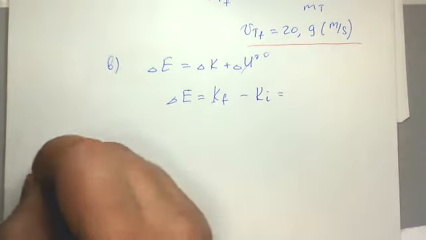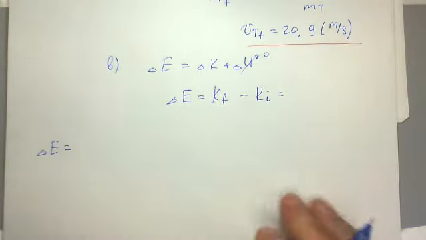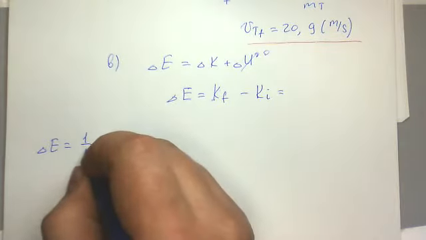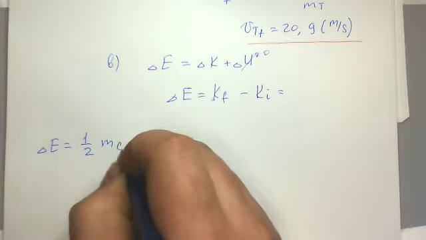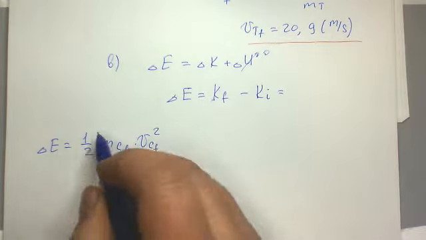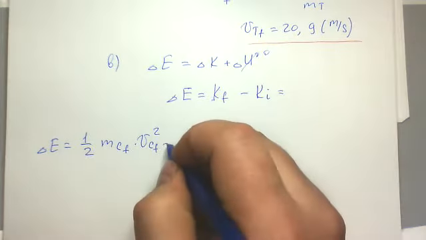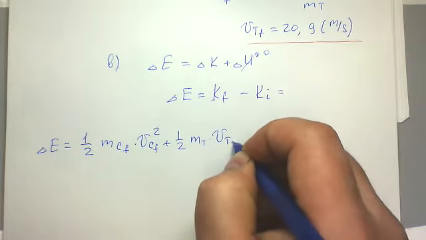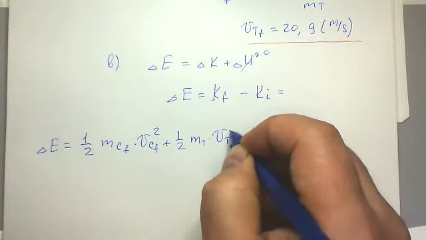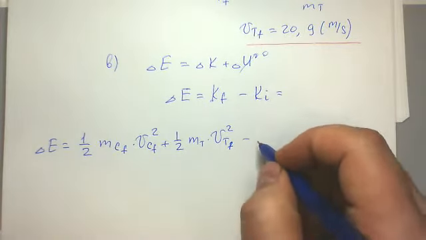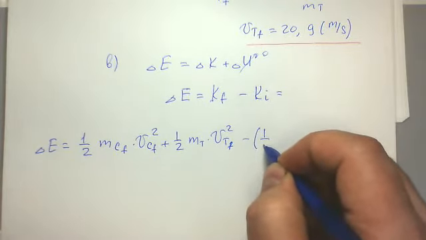If you continue the solution here, delta E equals, just to keep it on the video, 1/2 M car final times V car final squared. This is the final kinetic energy of the car plus the final kinetic energy of the track, 1/2 M track times V track final squared, minus the initial kinetic energy of the entire system.